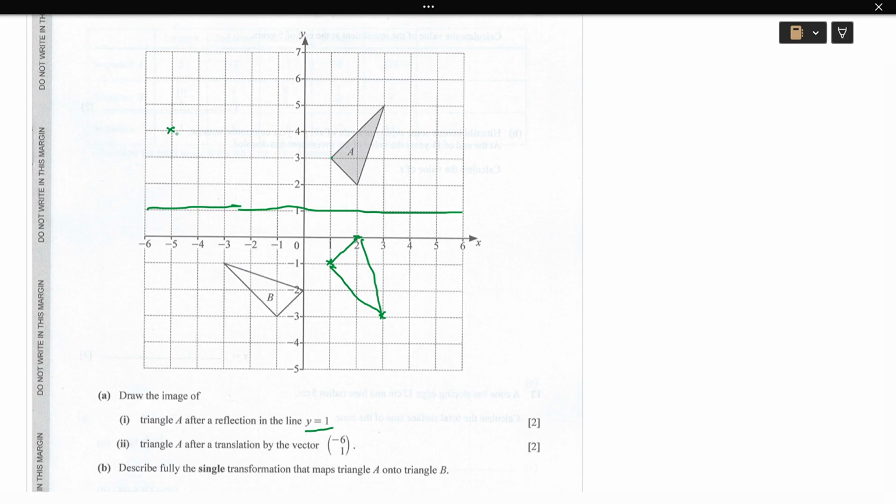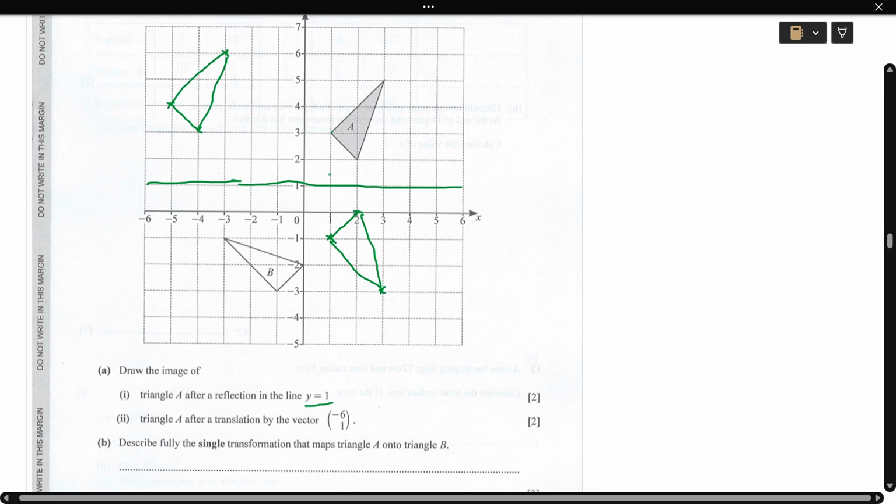Then the next one is going to be negative 4 and 3. The next point is going to be negative 3 and 6. So this is a translation because all three vertices move 6 units left and 1 unit up. It's done.